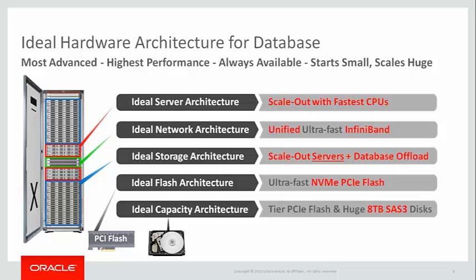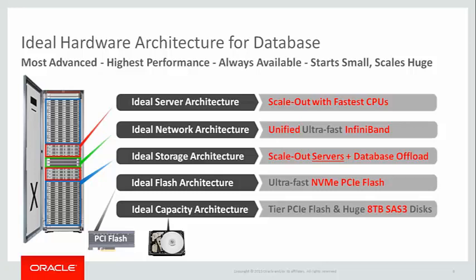It uses ultra-fast NVMe, which is the latest interface in flash technology. PCIe flash drives, which the PCIe connects direct to the CPU, thereby eliminating many other layers that other storage vendors typically use.